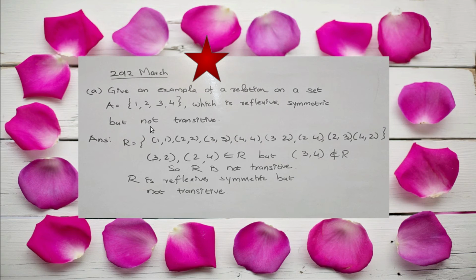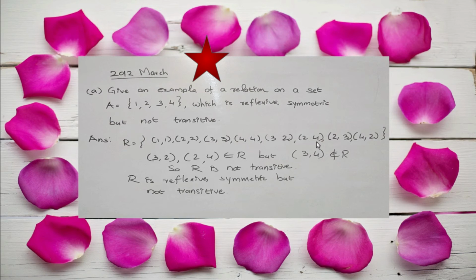Now the relation should be not transitive. So write elements of this form (a, b), (b, c): (3, 2), (2, 4). Then since it is symmetric, (3, 2) belongs to R implies (2, 3) belongs to R. Whenever we write (3, 2), we should write (2, 3) because we have to form a symmetric relation.